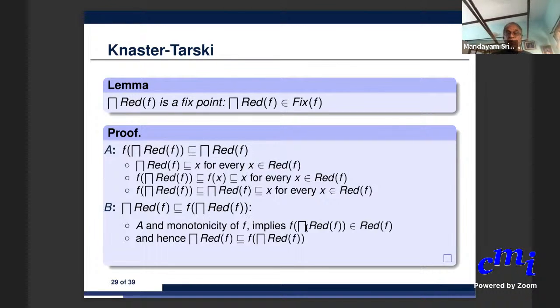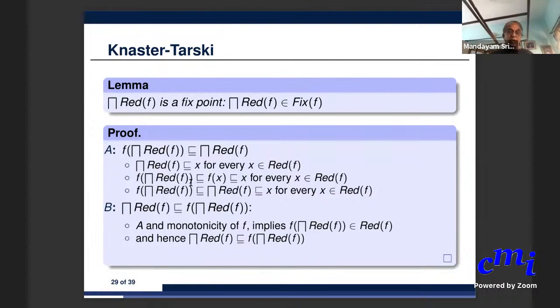Therefore f applied to red f is part of the reductive set. Because if that is part of the reductive set, then the greatest lower bound has to be less than or equal to f applied to the greatest lower bound.